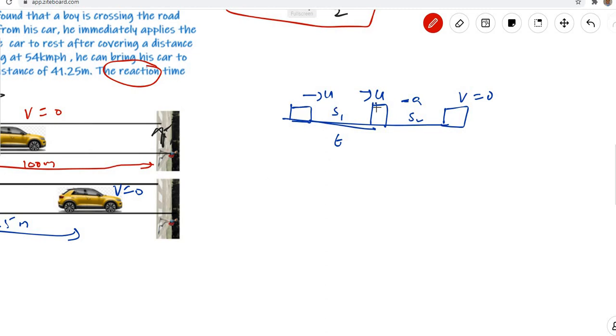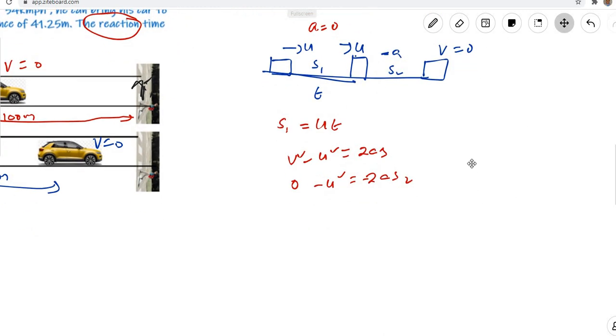Very simple. Since it is moving with uniform velocity, in this case acceleration is 0. So simply S1 is velocity into time. And in the second case, final velocity is 0. So we apply the equation v square minus u square is equal to 2as. So 0 minus u square is equal to minus 2as, because he is moving with retardation, we need to apply that.